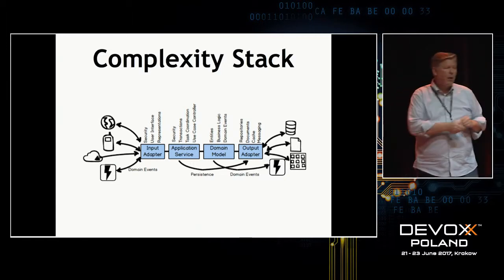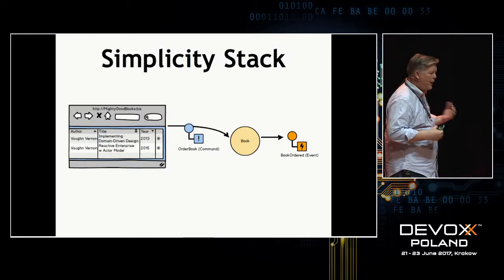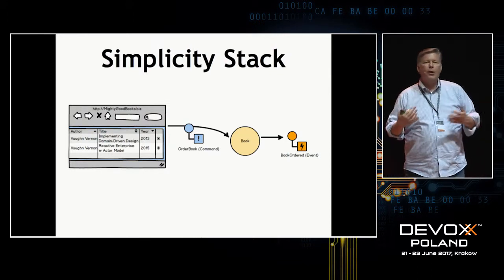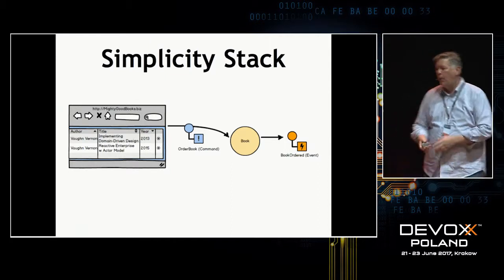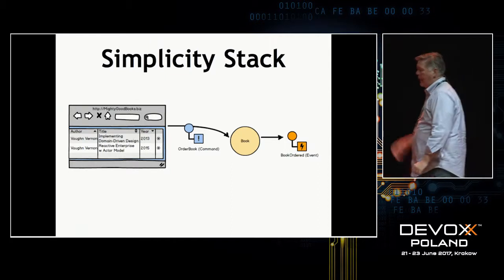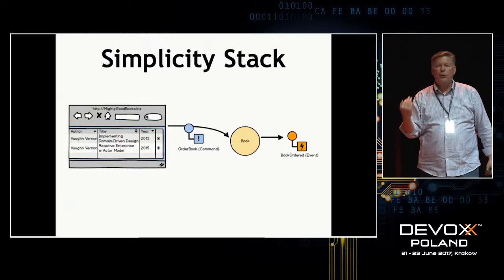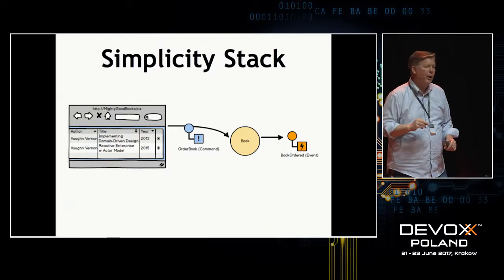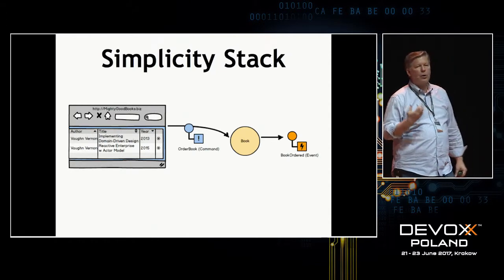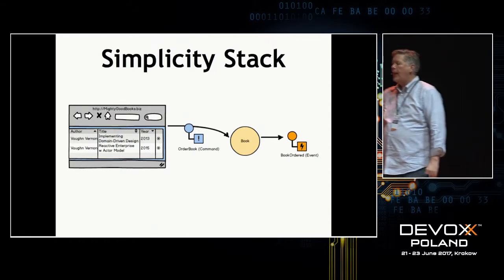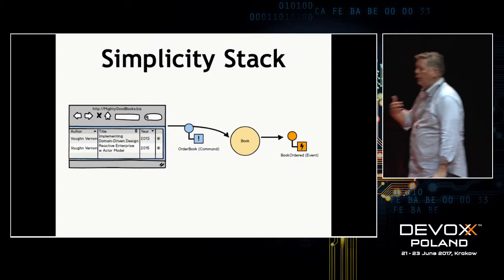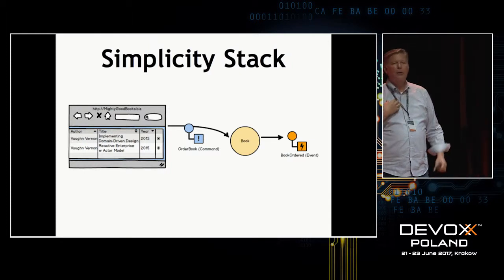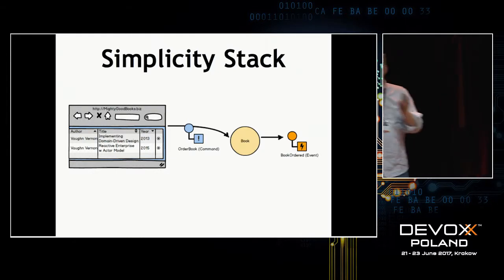With the actor model, however, I think that this produces the opportunity to have what I call the simplicity stack, where literally we have a UI with controllers backing the UI in our simplified architecture, and literally the controllers can be the components that hand off messages directly to the domain model. And you may be concerned that this is going to make the controller method very busy.